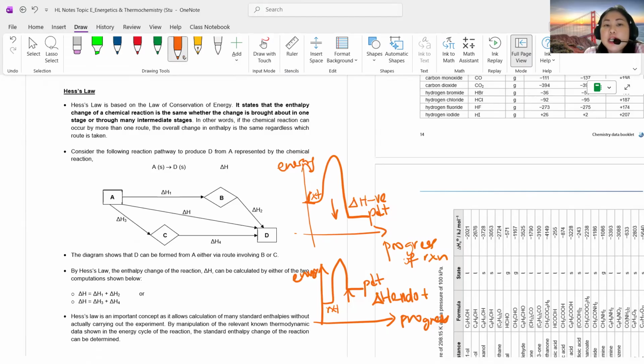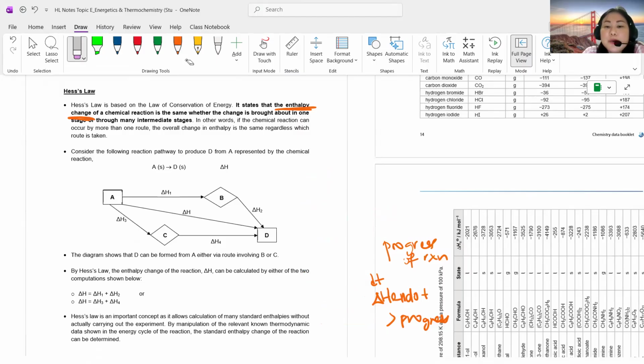So the enthalpy change, which is the delta H, is actually the energy change of the system during the reaction. Okay, the energy changes in the system after a reaction. So there are many ways to find the energy changes in the system after a reaction.